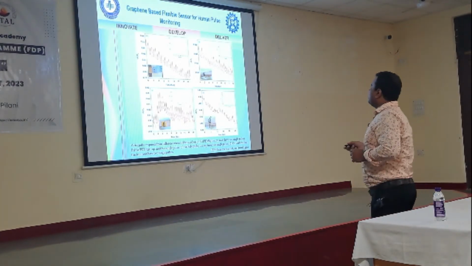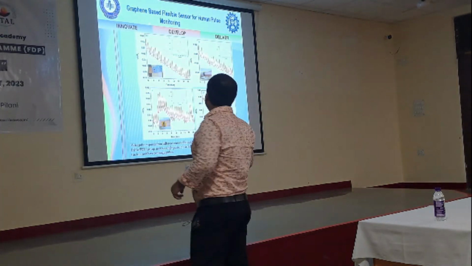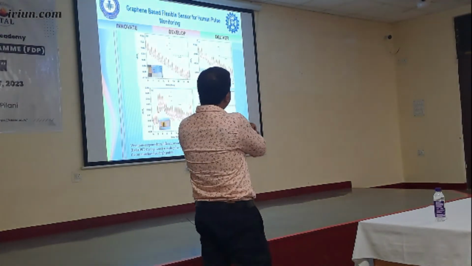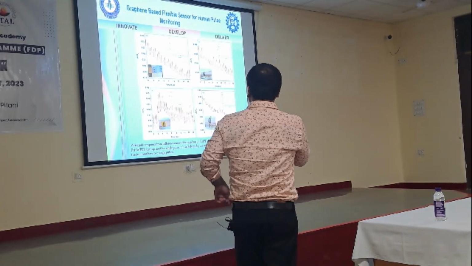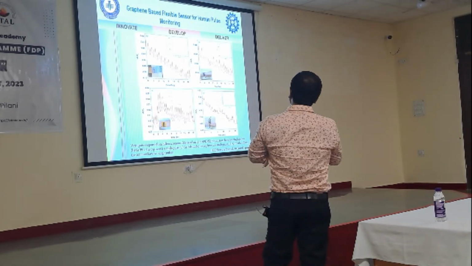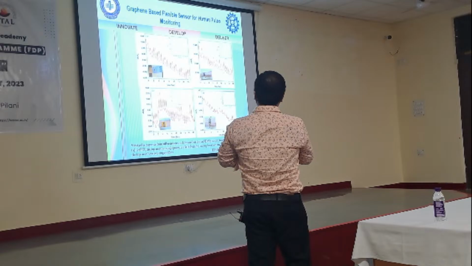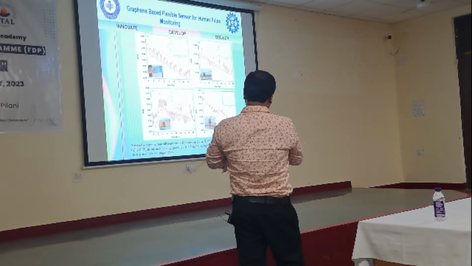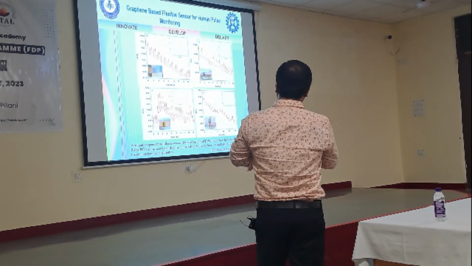Now you can see another result where your graphene based flexible devices will be used to monitor the human pulse. This is the pulse signal, whenever you wrap your device onto your human wrist, you can see your device is capable of detecting the human pulse signal as well. You see, whenever you keep this sensor here, a gradual change of resistance is happening in all the cases.